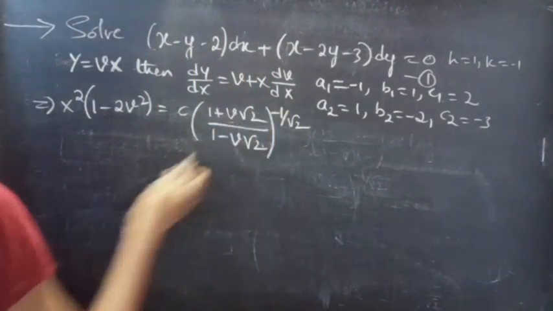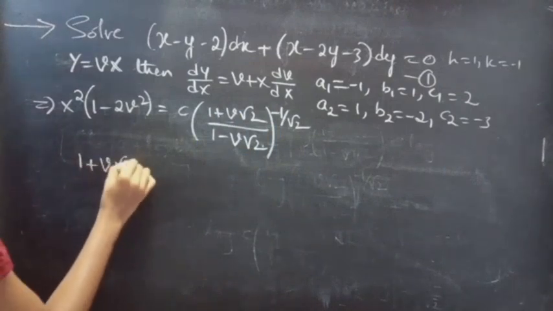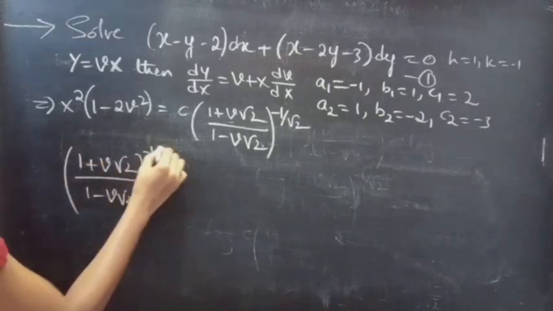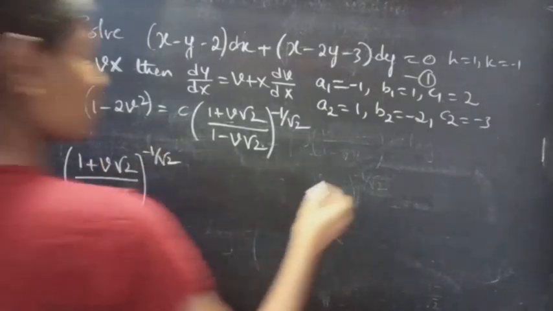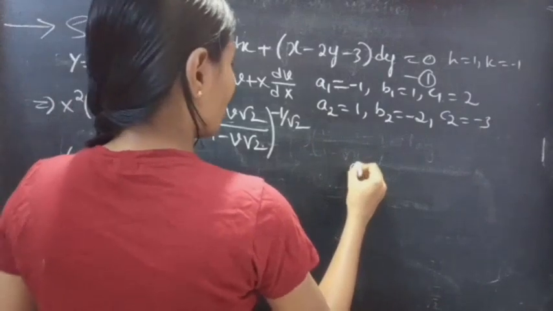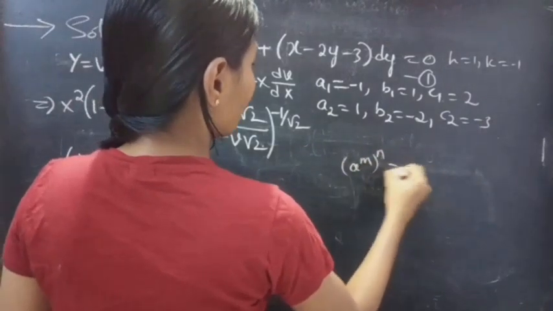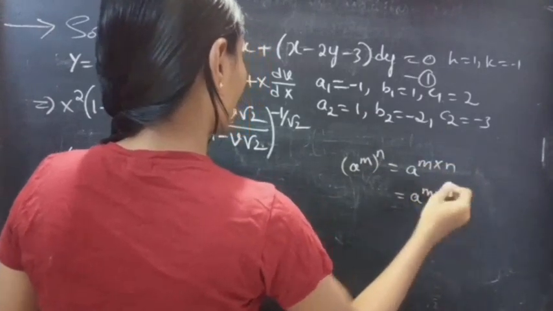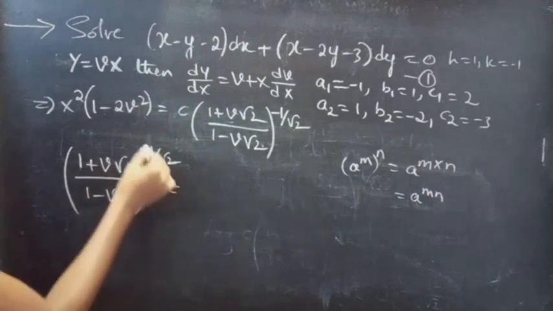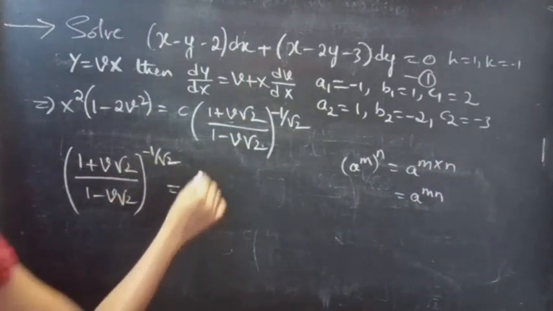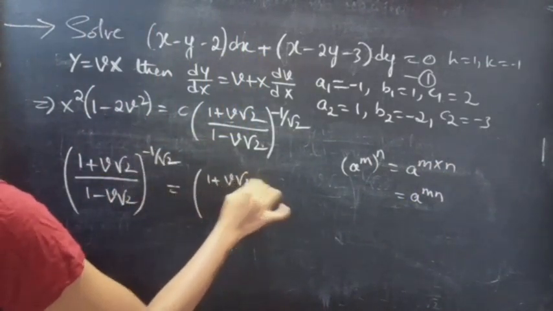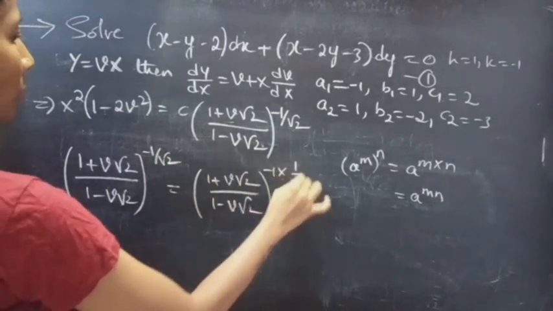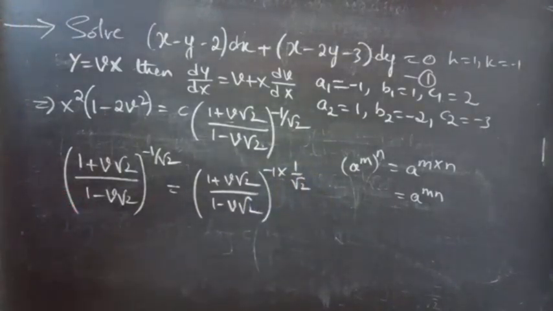Now consider this one. 1 plus v root 2 by 1 minus v root 2 power minus 1 by square root of 2. Since we know that a power m whole power n equals to a power m into n, which is equals to a power mn, right? Now, you can write this minus 1 by square root of 2 as minus 1 into 1 by square root of 2, right?